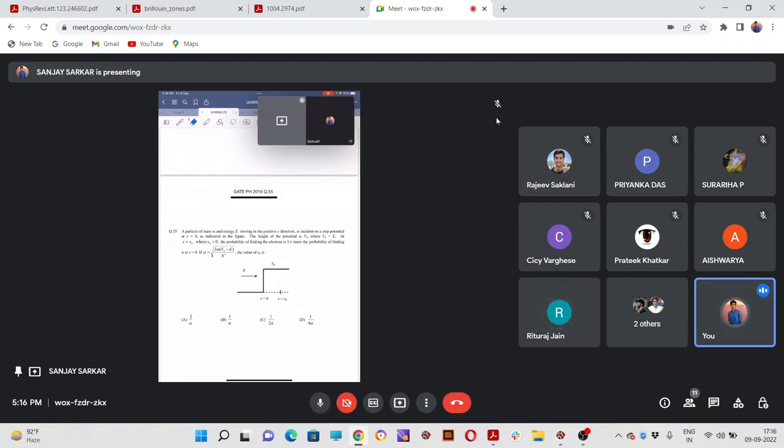Yes, 1 by 2 alpha is the right answer. So you found 1 by 2 alpha, right? Option C is correct. If you have solved it correctly, then you should get option C.